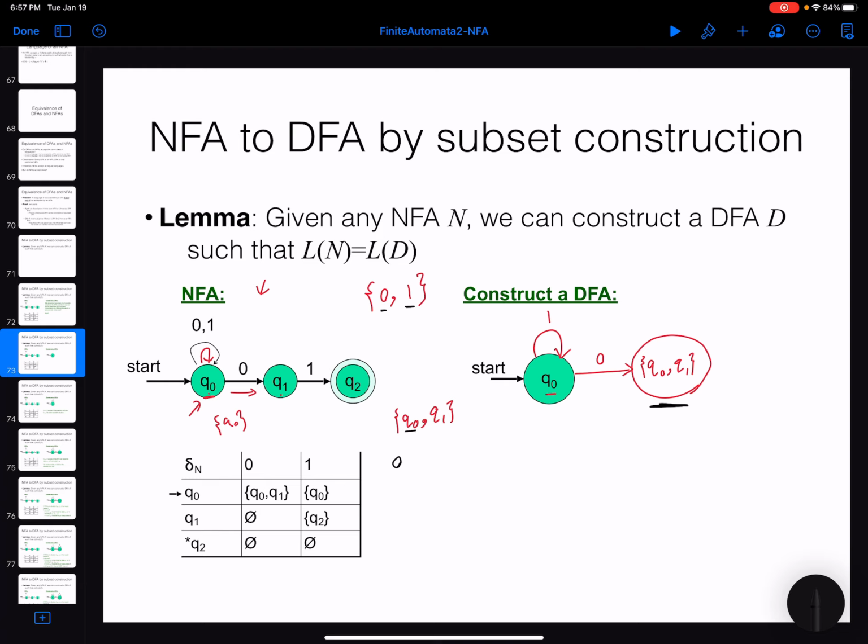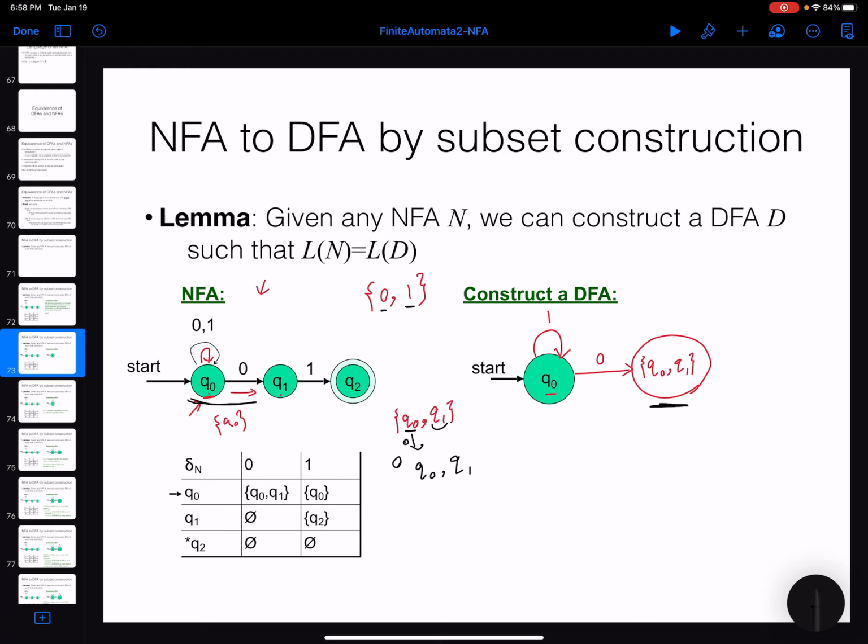If I am at Q0 and I see a 0, from the NFA you can see that you can either stay at Q0 or go to Q1. So all the possible states that I can be in are going to be Q0 and also Q1. Not only that, you have to do exactly the same for Q1 as well.